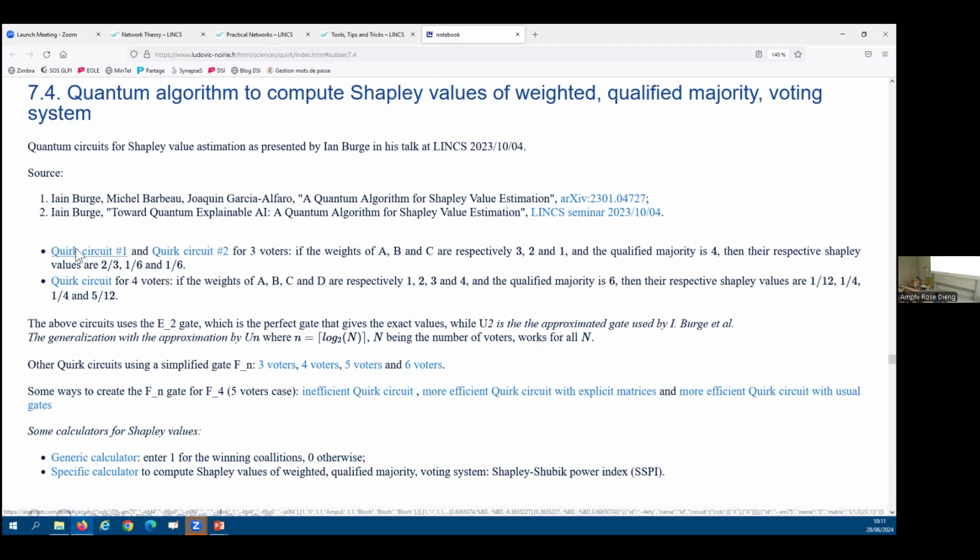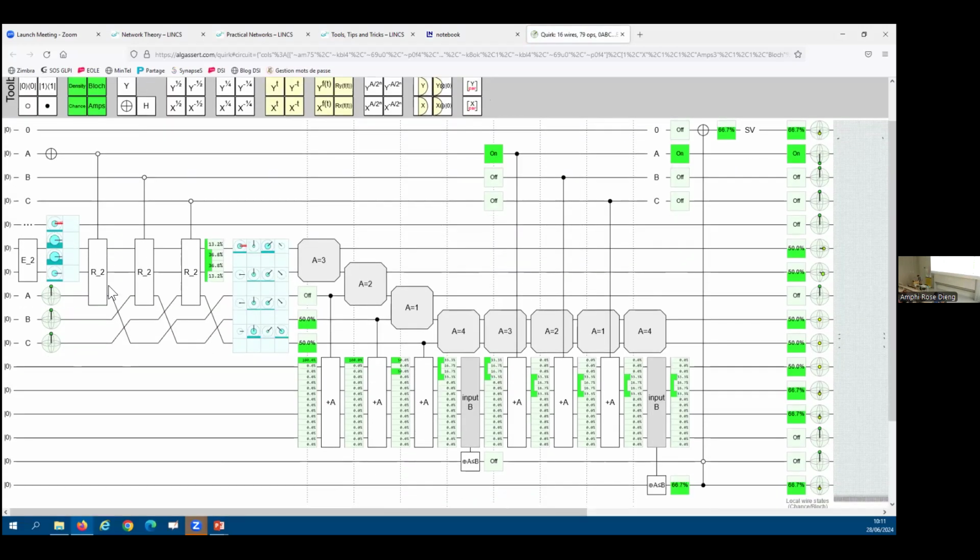So I have the quantum circuit here. I will not go too much into the detail, but there are some blocks that do the trick. The E2 gate is something that calculates the distribution, I think it is the special beta function distribution corresponding to the fact that we have n-1 voters, and so you should implement this distribution.